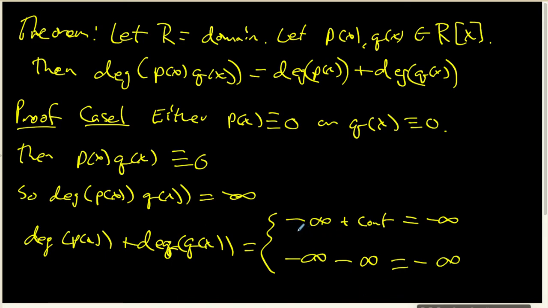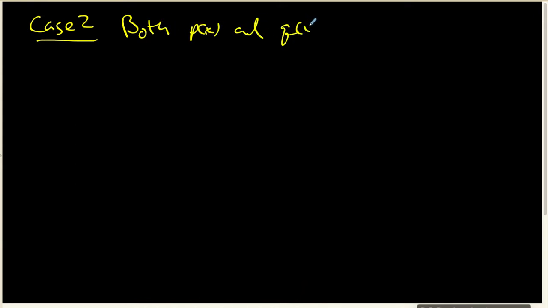So if either of my polynomials is the 0 polynomial, the theorem works. Well, now let's look at case 2. In case 2, I know that both P(x) and Q(x) are non-zero polynomials.